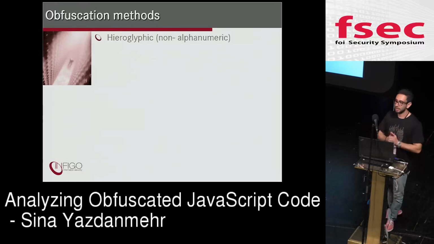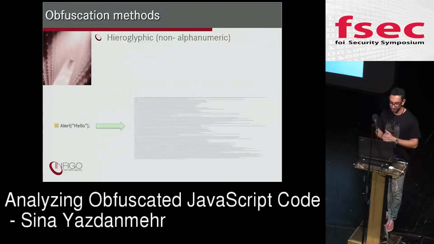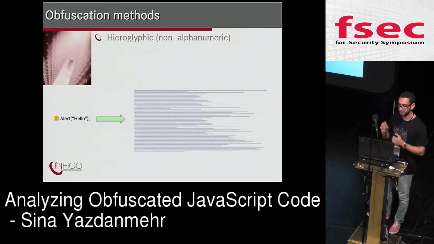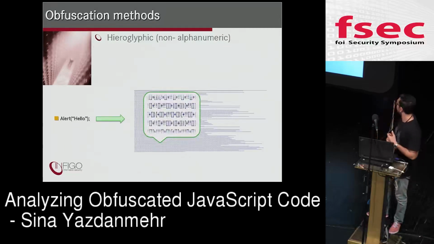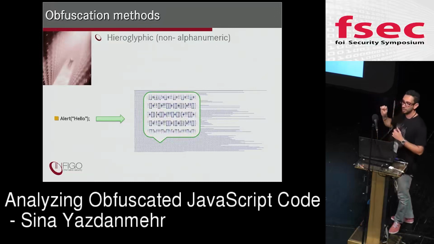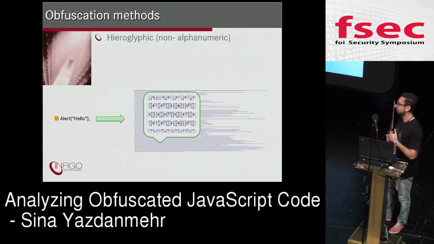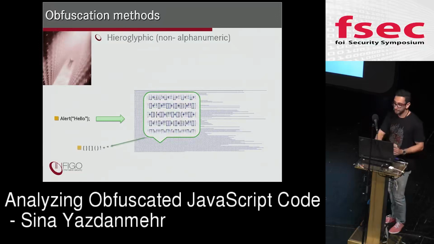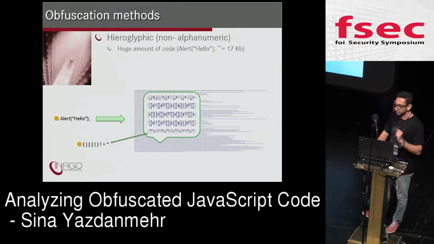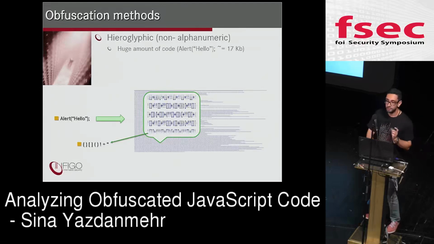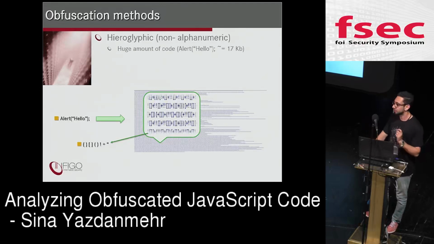Non-alphanumeric type is not a common type because of some disadvantages. For example, alert hello in this type would be a bunch of punctuation signs. Because of the limitation in character range, the size of the code will be so huge, so it's not reasonable to use this type of obfuscation.